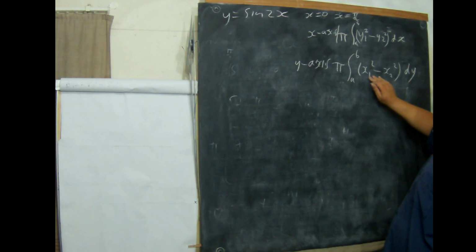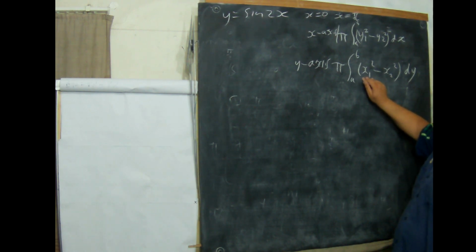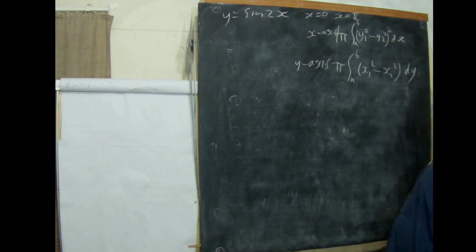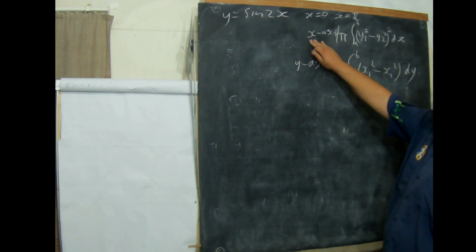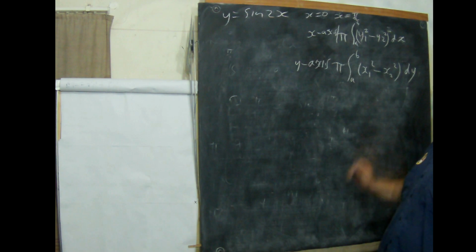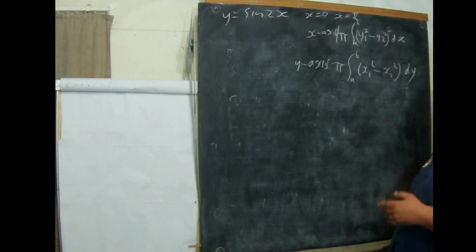When you're dealing with x, you'll deal with y values. So sometimes you'll get a formula that says x is equal to 4y plus 1. You'll get something like that, and then you'll use this formula here, because then you will integrate with regard to y. But normally, they would always say to take it about the x-axis in the tests, most of the time, so that you do not change your way of thinking.